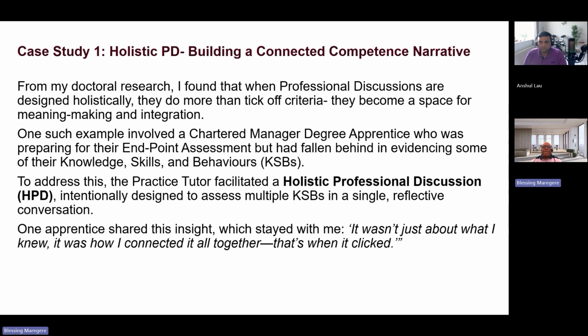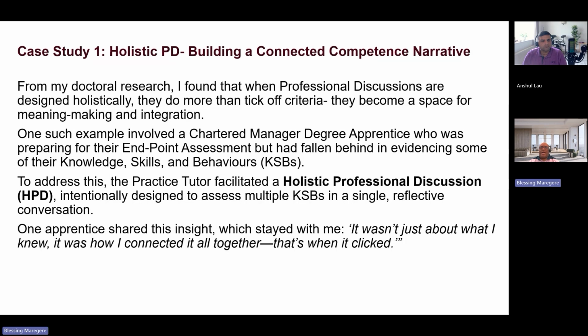The practice tutor recommended that they use a holistic professional discussion. So a holistic professional discussion focuses on a number of assessment criteria in one professional discussion or one reflective conversation.